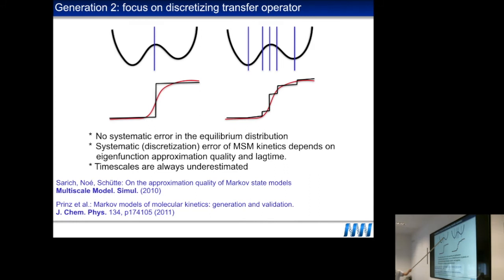But this Markov modeling theory tells you it's even better to use more dividing surfaces, to use more than two states, because you will resolve this eigenfunction better. And the error will be smaller. And indeed, the transition rate between the two wells computed from a Markov model that has more than two states will be more accurate than that from a 2x2 Markov model.